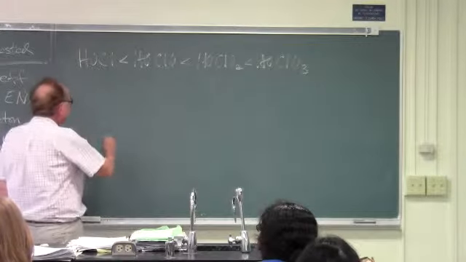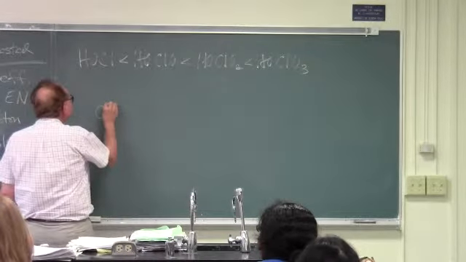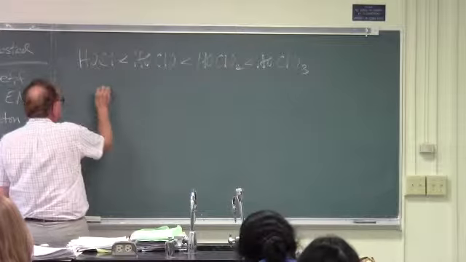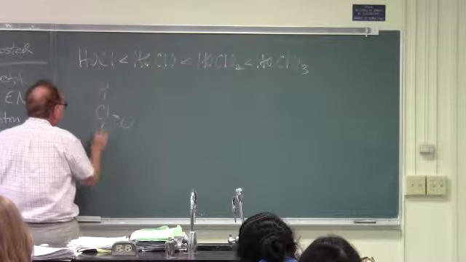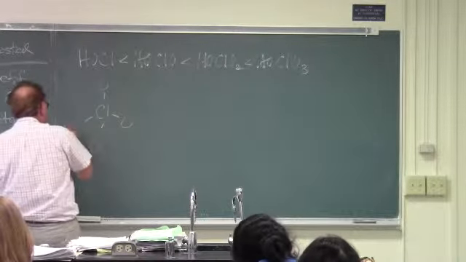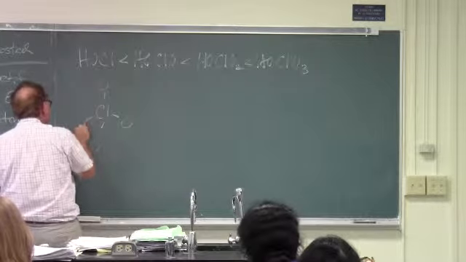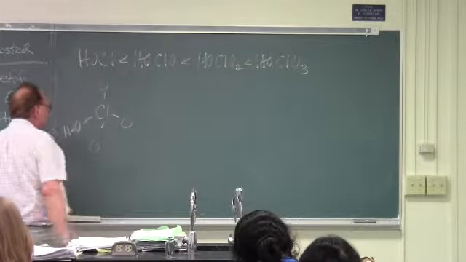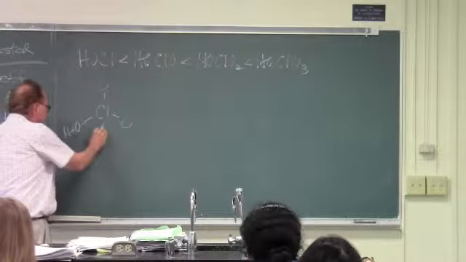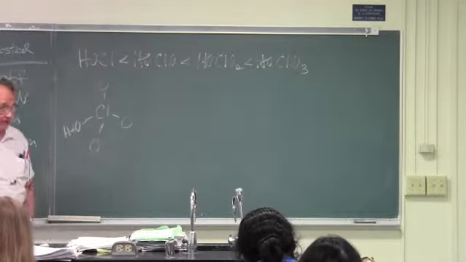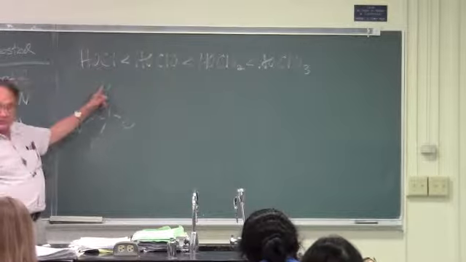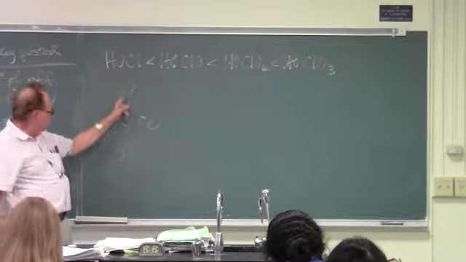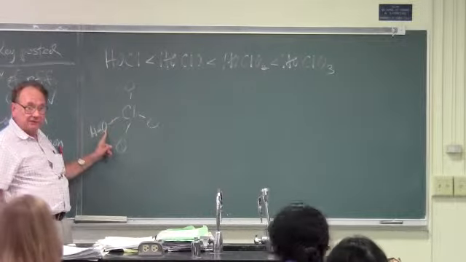For example, let's take a look at the extreme case. There's an abbreviated Lewis structure because I haven't included all the non-bonding pairs on the oxygens. But these are oxo-oxygens. They're on the periphery. This is not an oxo-oxygen.